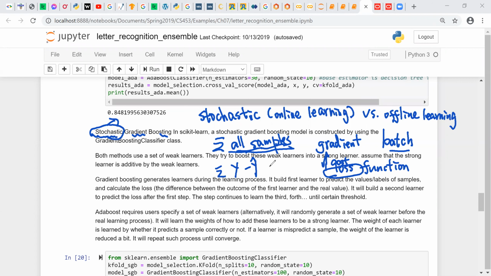But a lot of the time your data set is too huge and your machine may not be that powerful. Your machine can probably only process part of it, a small subset of the whole samples. In that case, we use stochastic.